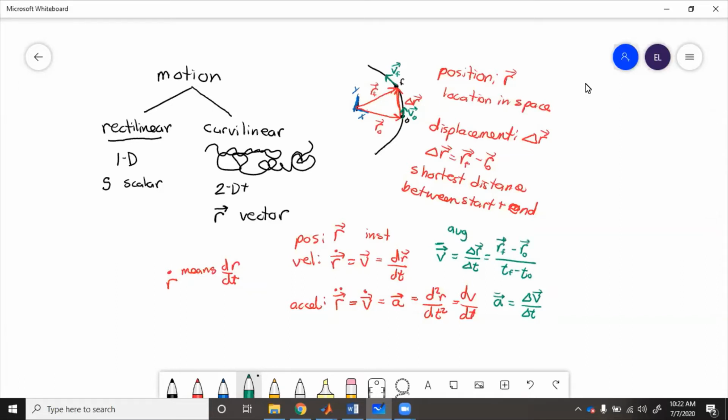So it's still a vector, but it's an average over a measurable distance in time. It's not infinitesimally small. So then a bar would have v final minus v initial over t final minus t initial. Again, it is a vector, but it is over a measurable distance.